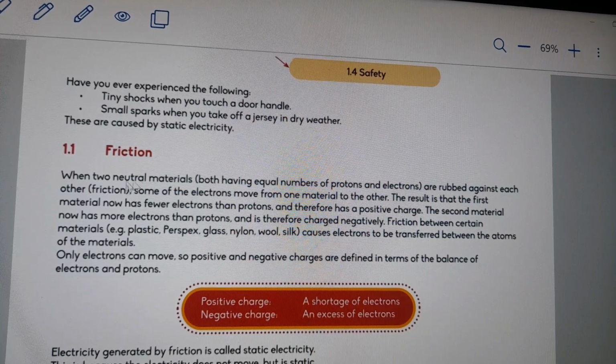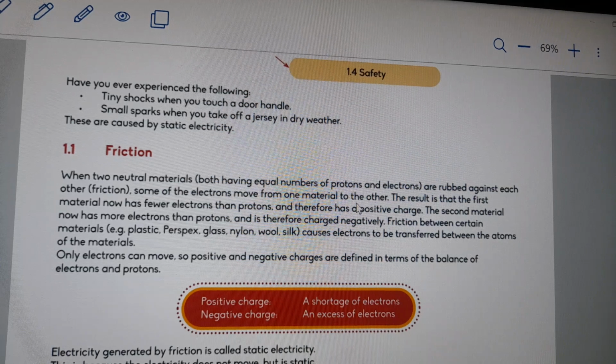So here they say when two neutral materials are rubbed against each other, you cause friction. Some of the electrons move from one material to another. Remember, electrons are the negatively charged ones.